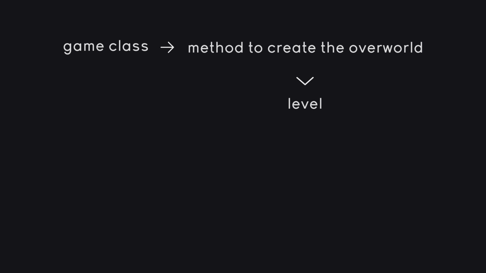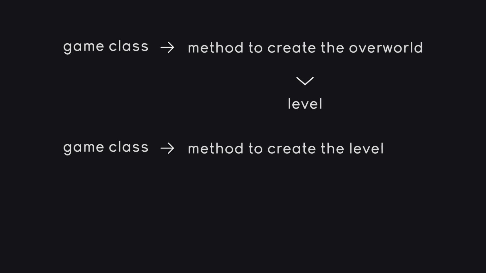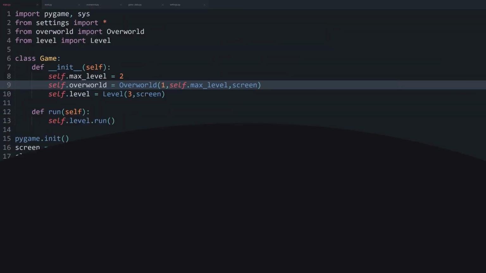And then we are going to do the same thing for the level. So our game class is going to have a level method that we pass into the overworld, and we will also call it from there. And that way we can give this method a couple of arguments from inside of our overworld, but actually call it inside of our game class. And I think it's best to do all of this in code. So let's go through this step by step.